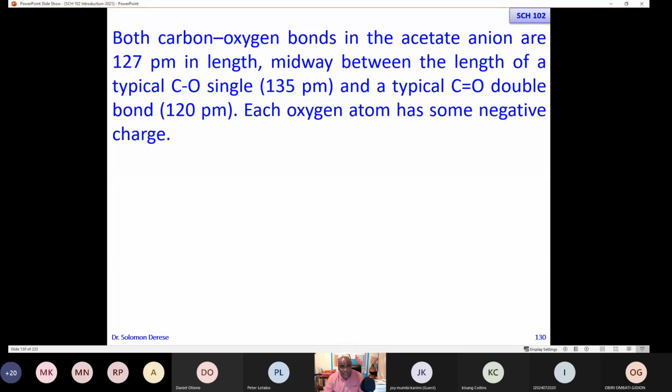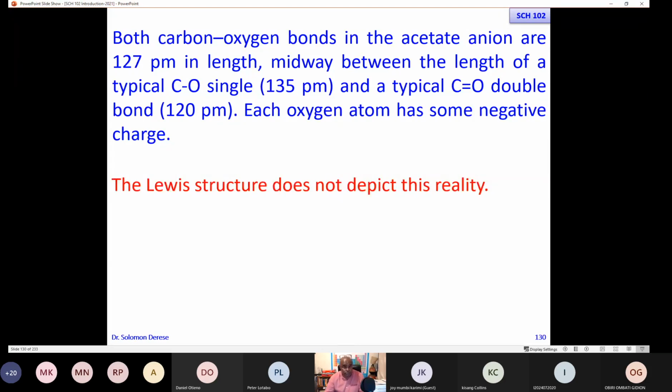In terms of the length, each of the carbon-oxygen bonds will be intermediate between a single bond and a double bond. Because the carbon-oxygen bond in resonance form 1 is a double bond. The same in form 2 is a single bond. So on the average, it is intermediate between a double bond and a single bond. It's neither a double bond nor a single bond.